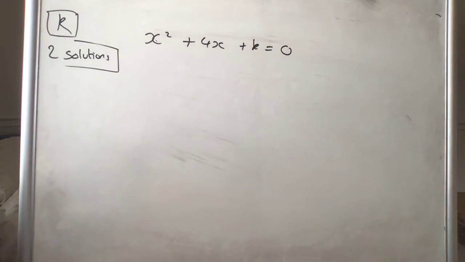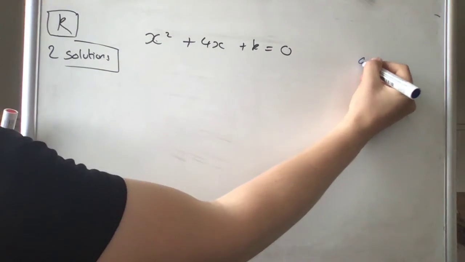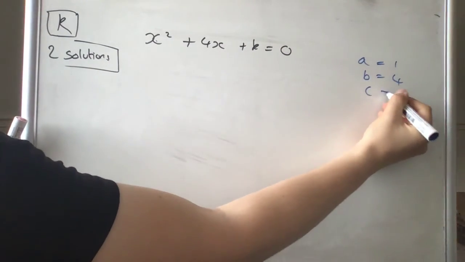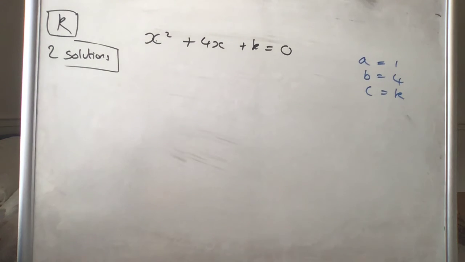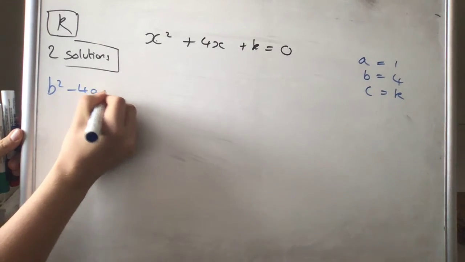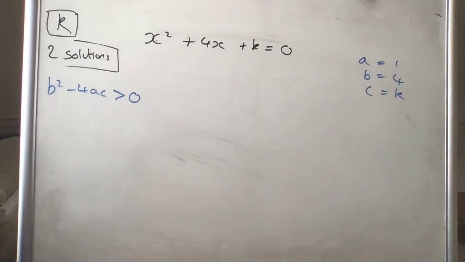Now, from the quadratic function here, x squared plus 4x plus k, we can see that a equals 1, b equals 4, and c equals k. Okay, perfect. Now we know that this quadratic function will have two distinct roots or solutions when the discriminant is greater than 0. So we're looking for a situation where b squared minus 4ac is greater than 0, because that's going to give us two solutions.